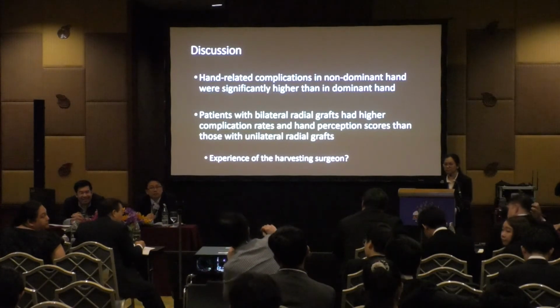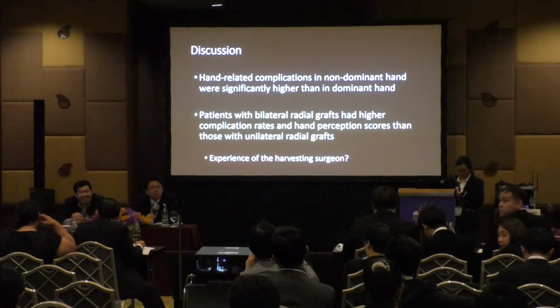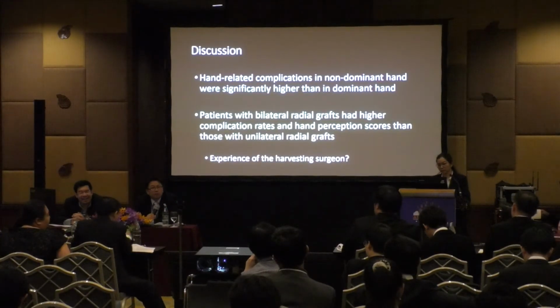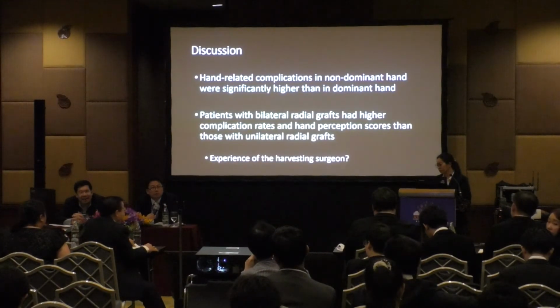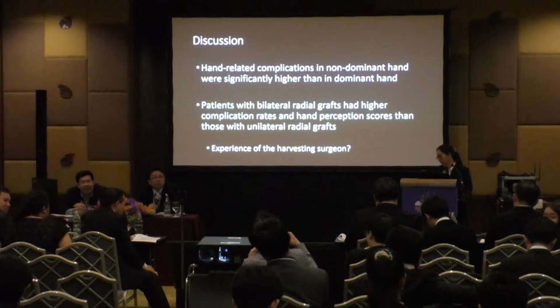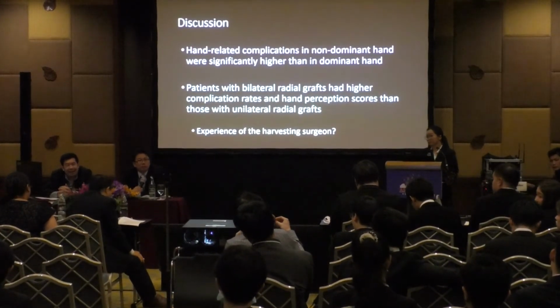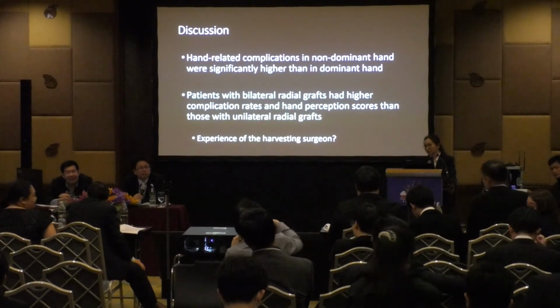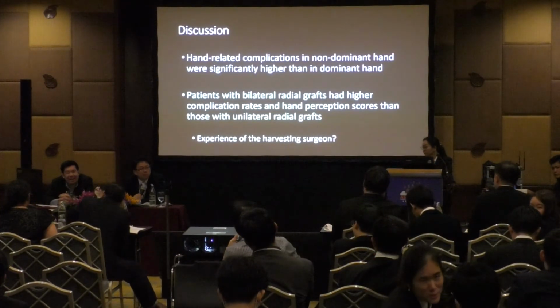The reason why we didn't do propensity score matching analysis is that most of the patients with a single radial artery follow up elsewhere. So we have a limited number of patients to include in the analysis and to complete the questionnaire.